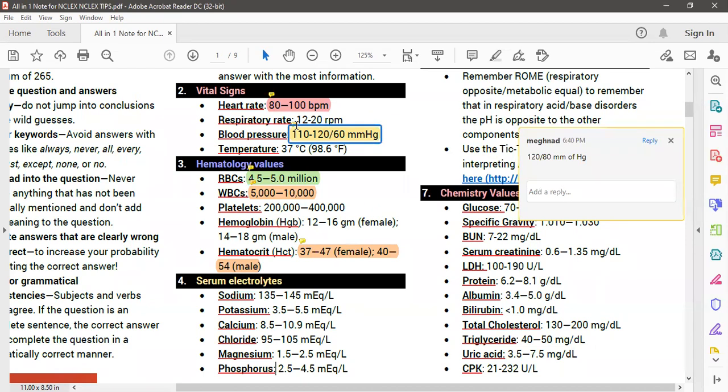So systolic blood pressure should be 120, diastolic blood pressure should be 80. If you talk about the range, systole should be 100 to 140, and diastolic should be 60 to 90.